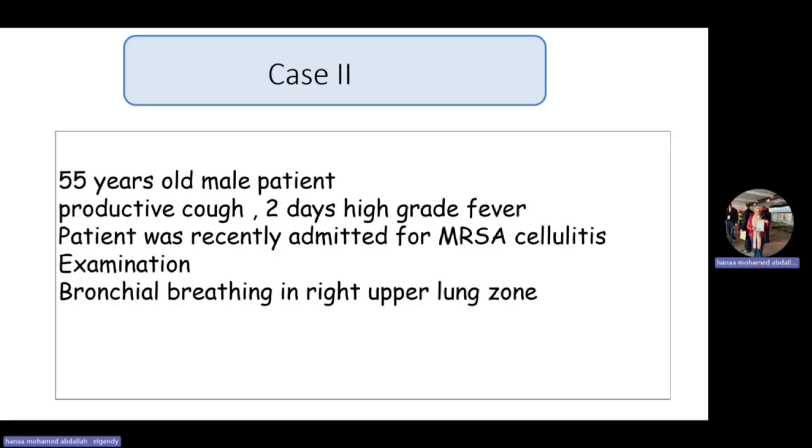Case number two, a 15-year-old male patient with productive cough for 2 days and high-grade fever. The patient was recently admitted for MRSA cellulitis. Examination found bronchial breathing in the right upper lung zone.